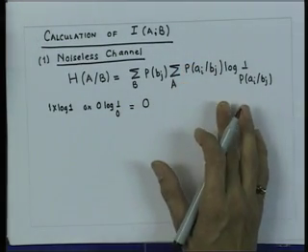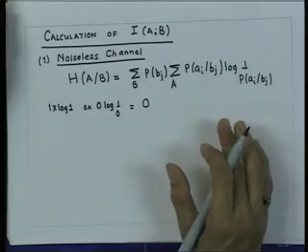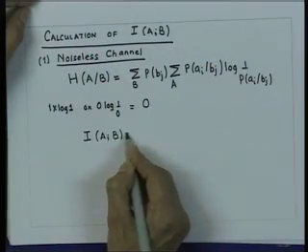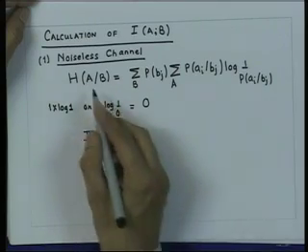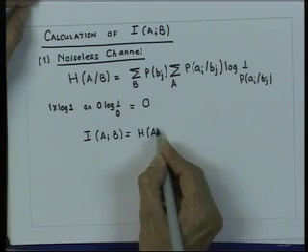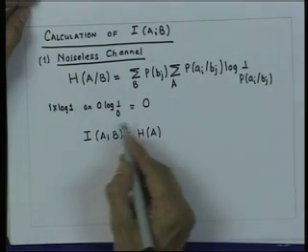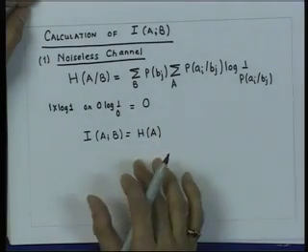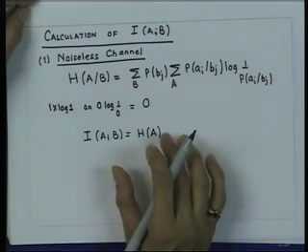Hence, the average number of bits necessary to specify the inputs when we know the output is obviously 0, and therefore, I of A;B, which is equal to H of A minus H of A given B, will be equal to H of A. So, the amount of information transmitted through such a noiseless channel is equal to the total uncertainty of the input alphabet.